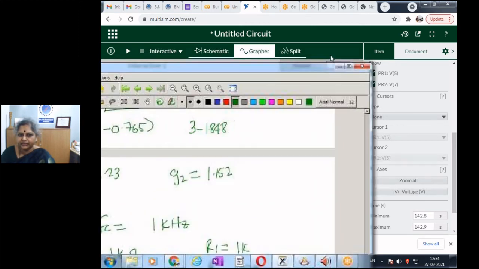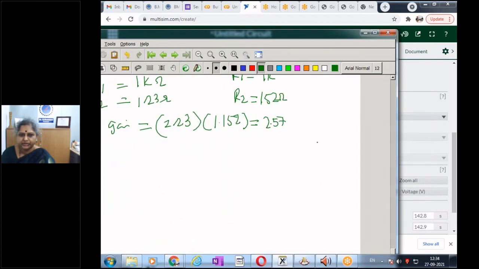When my frequency is 100 hertz, I'm getting an output of 7.7 and input of 3. What's the gain? Can someone tell me the value?